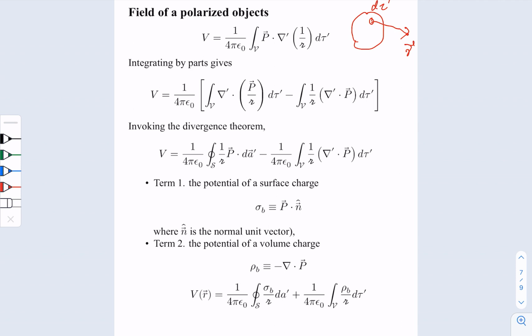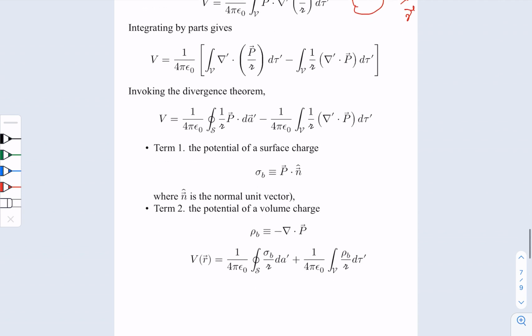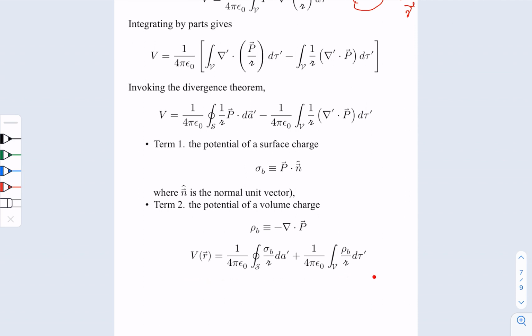This suggests that not only might there be induced surface charge on the edge of this object, there might also be additional volume charge distribution throughout the space of this object. So if we combine them, the potential generated by this polarized material can be separated into two terms. One is the induced surface charge term, and the other is the induced volume charge term.